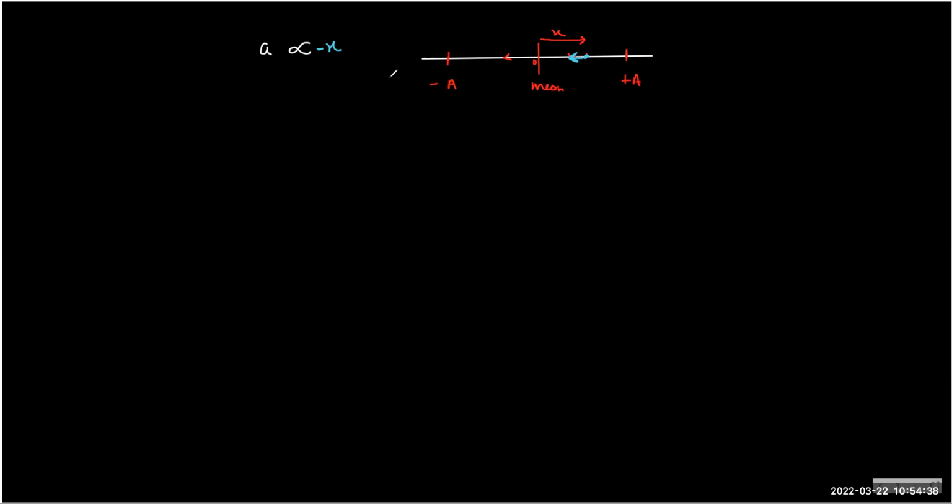It means the acceleration is always trying to bring you back to the mean position. That's the role of acceleration. If a particle is oscillating with this proportional behavior, then only we can say it is simple. Otherwise, we cannot say simple. So simple harmonic motion is a mathematical condition about harmonic motion. That's why it's purely mathematics. It's nothing to do with the physics.